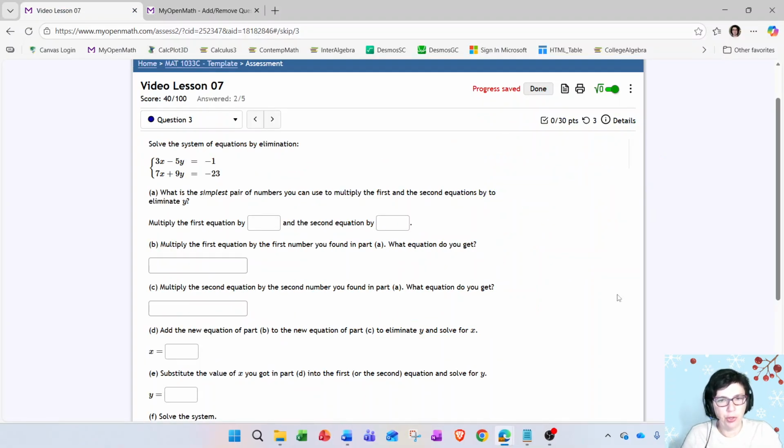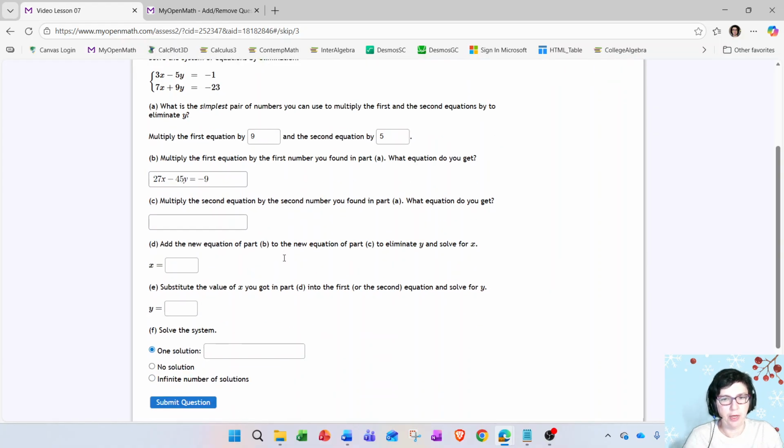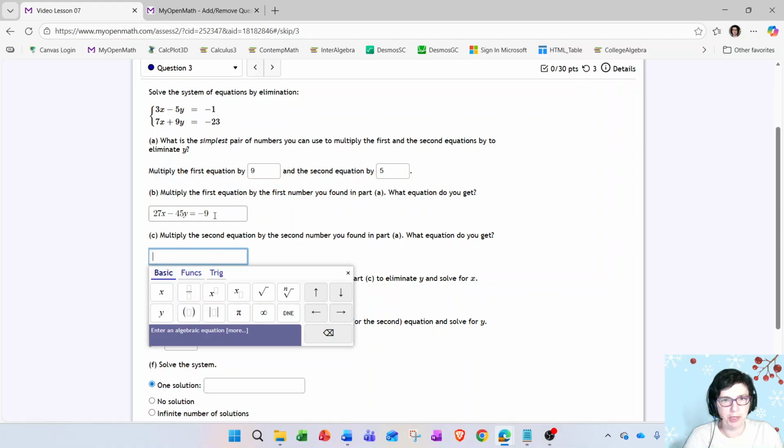Okay. So we said that we're going to multiply the first equation by the other number, by 9, and the second equation by the other number, which would be 5. All right, so let's multiply the first equation by 9. So we got 27x minus 45y equals negative 9. And then the second equation we multiplied by 5.